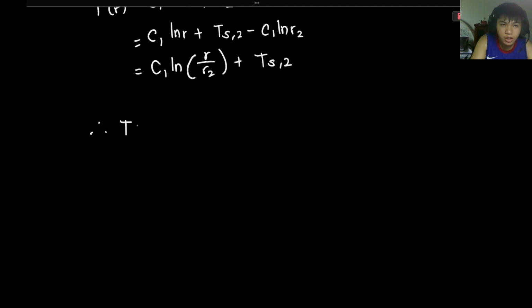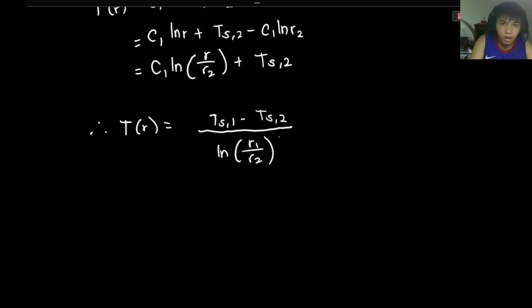Therefore, ang ating T of R that is equal to, substitute natin, we have TS1 minus TS2 all over ln of R1 over R2, multiplied by the rest of the expression here.